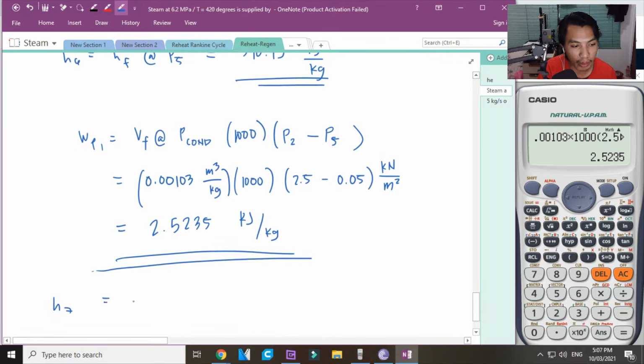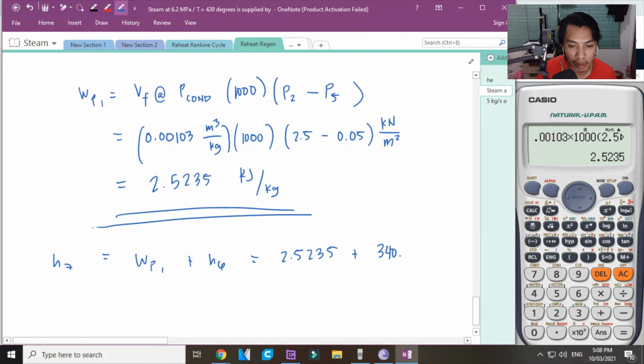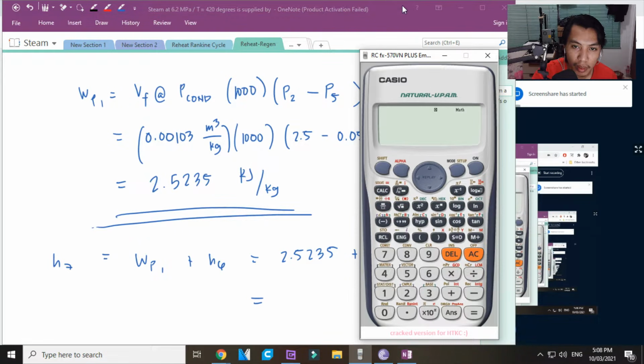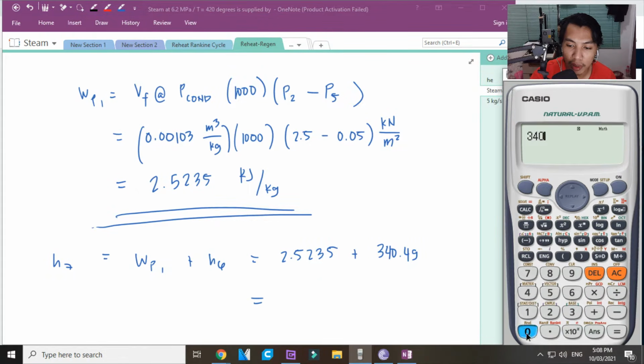You will now get H7. H7 is equal to the work of pump 1 plus H6. The work of pump 1, 2.5235, plus H6, 340.49.